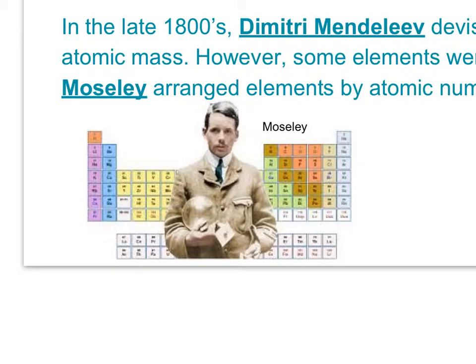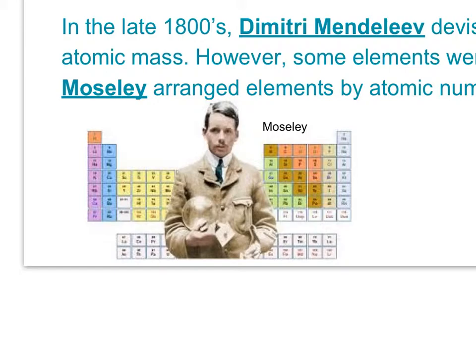He actually was looking at Mendeleev's periodic table and thought, well, some of these aren't quite in the right order, but if I actually switch them around and arrange them in order of atomic number instead of their atomic mass, so just by protons instead of protons and neutrons, then I can actually fix those errors in the order. And so that's exactly what he did, and that is what we see today.